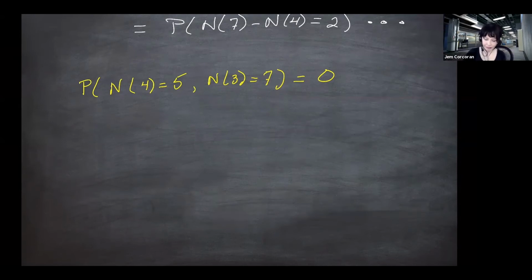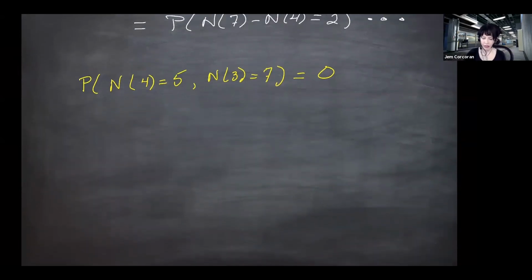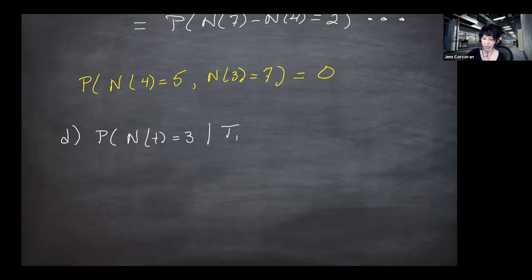Let's do another one. Another simple computation. And let's kick it up a notch and bring in our inter-arrival or inter-event times. So suppose you want the probability that N at time t is 3 given T1 is greater than t.